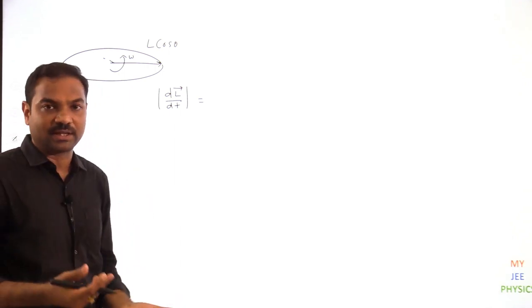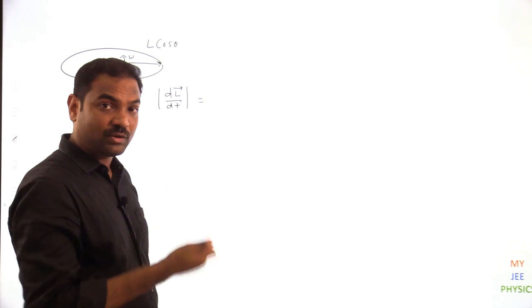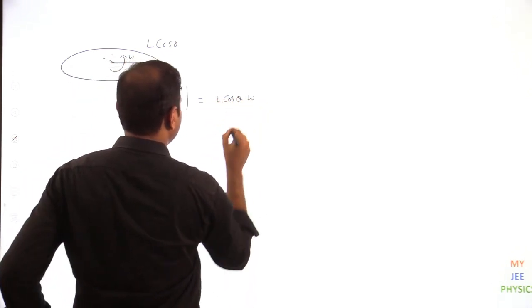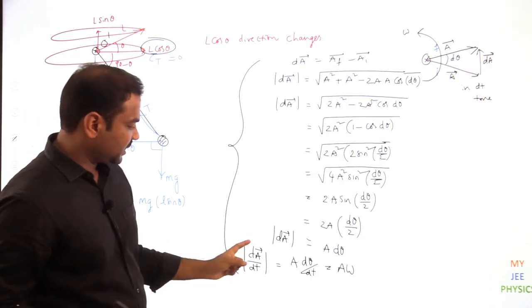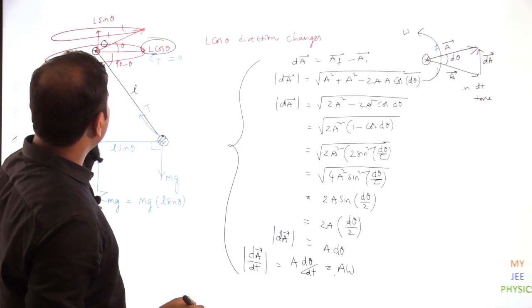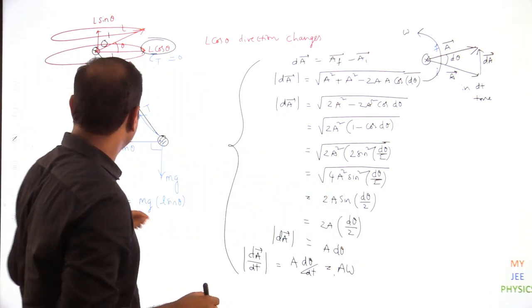Because we want to identify the torque. As L bar is changing, which component is changing? Actually the L cos theta component is changing. So I can write the magnitude of the vector into omega, which we have derived. The rate of change of a vector is equal to the magnitude of the vector into omega. Here the L cos theta vector is revolving, so I write L cos theta magnitude into omega.